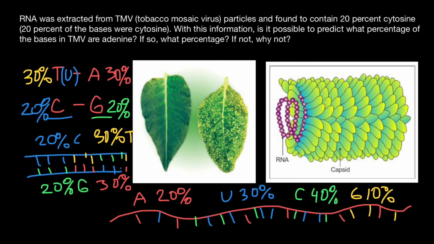As you see, Chargaff's rule only applies to double-stranded DNA or RNA, but not to single-stranded RNA like tobacco mosaic virus. We cannot use Chargaff's rule to solve this problem, and thus, even if we know the percent of cytosine, we cannot predict the percent composition of the rest of the bases.